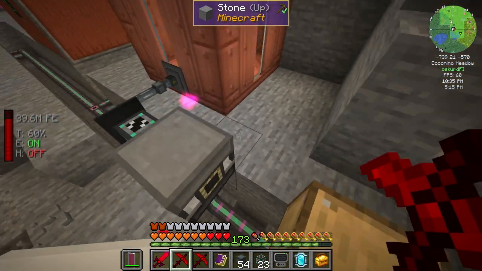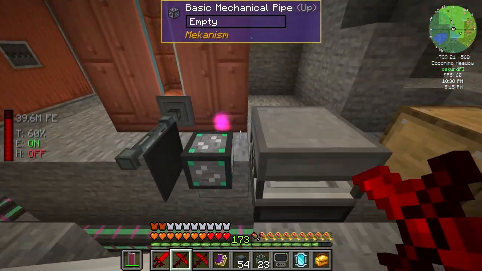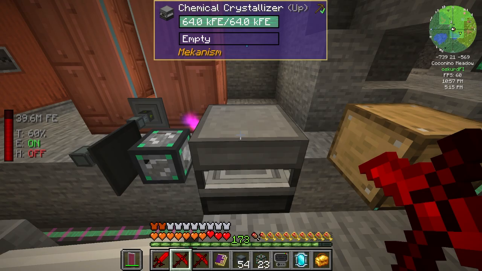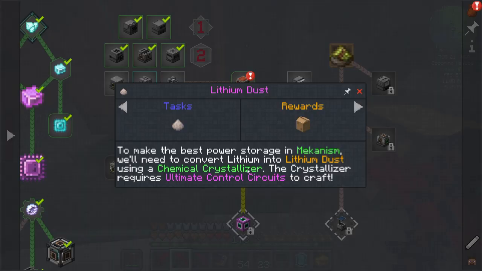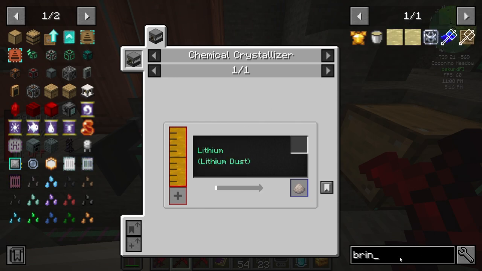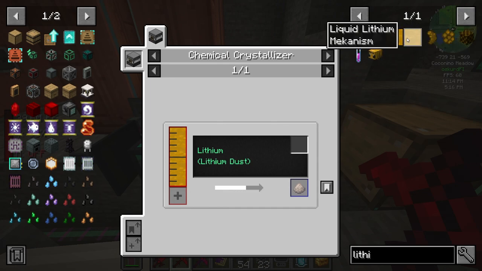And then it still doesn't connect. Wait, what? Hold your horses. Chemical crystallizer. Do you mean I need gaseous lithium? It says lithium.